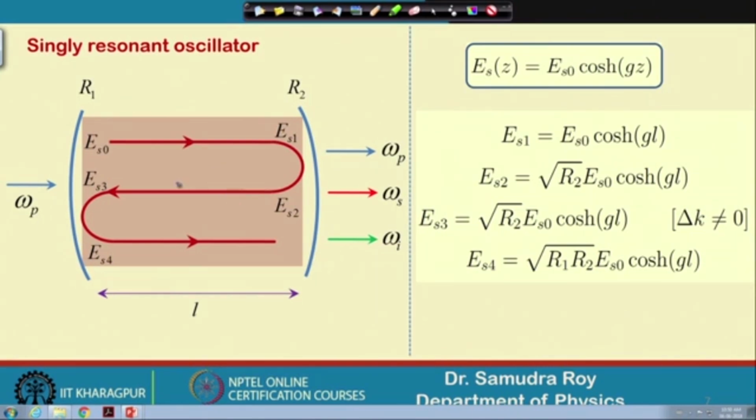So let me write clearly. At this part, delta k is not equal to 0. Why?